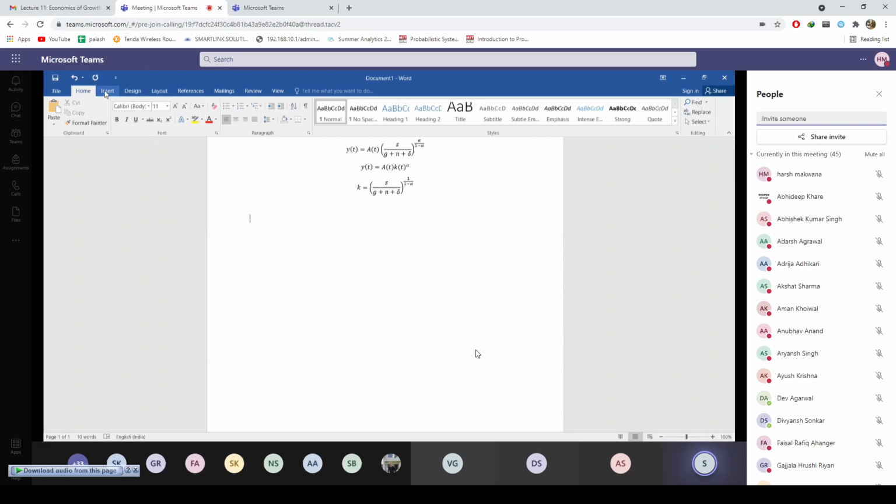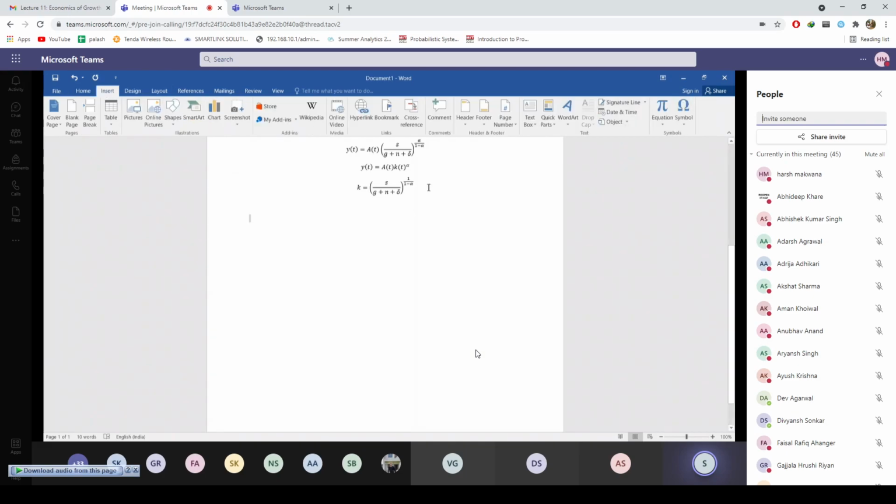To follow the notation, what I will do is basically this.